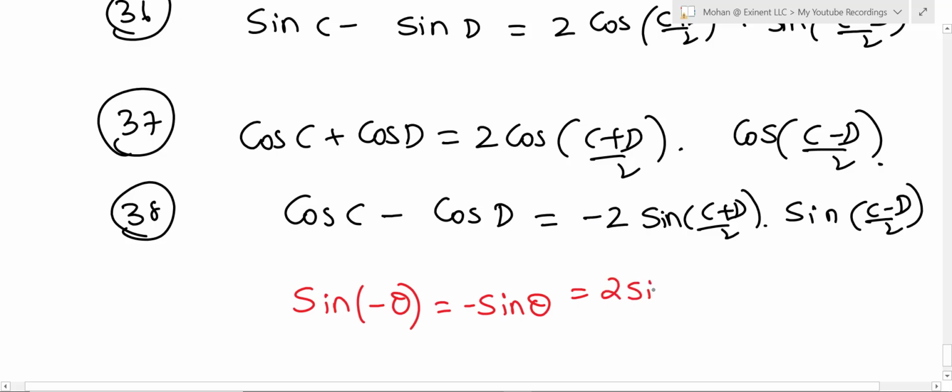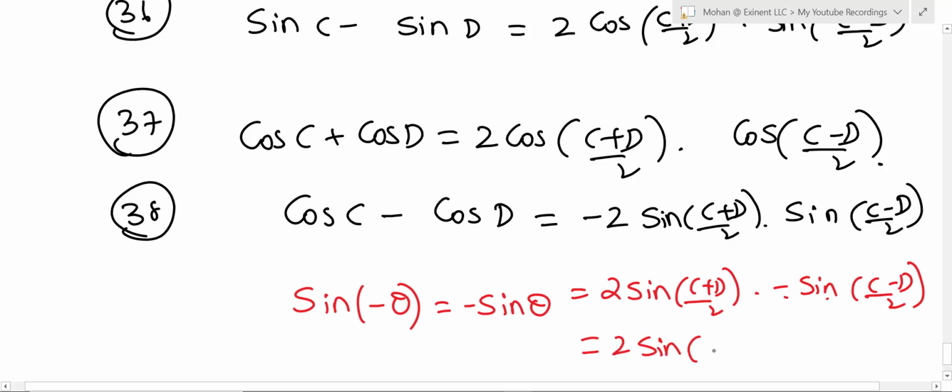That will become sine of (C plus D) by 2 into minus sine of (C minus D) by 2. Minus sine theta is nothing but sine of minus theta, so minus will go inside. That will become 2 times sine of (C plus D) by 2 into sine of (D minus C) by 2. So instead of C minus D, it will become D minus C by 2.